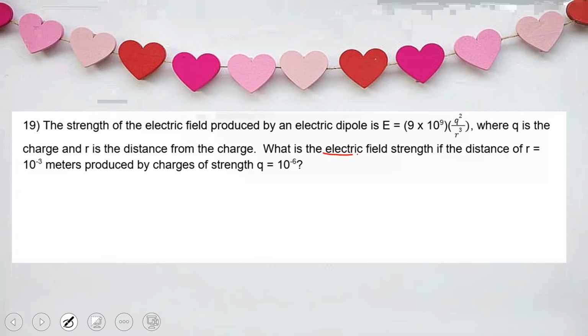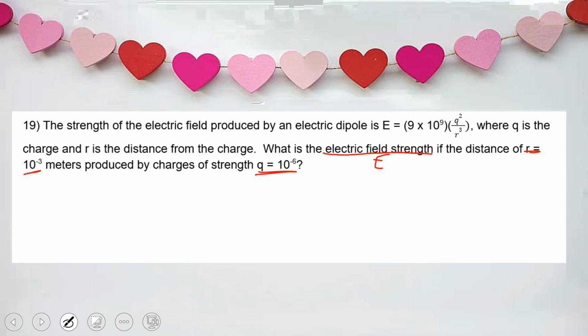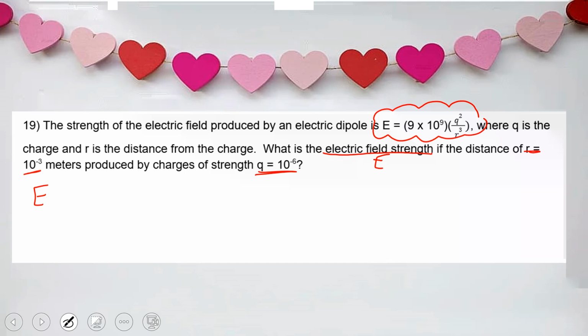So this is what we're trying to find. That's E. If the distance of R equals 10 to the negative third meters produced by charges with a strength of Q equals 10 to the negative sixth. I have R and I have Q. I just need to plug all that in to this equation that they gave me. I don't know E, that's what it asked me to find.